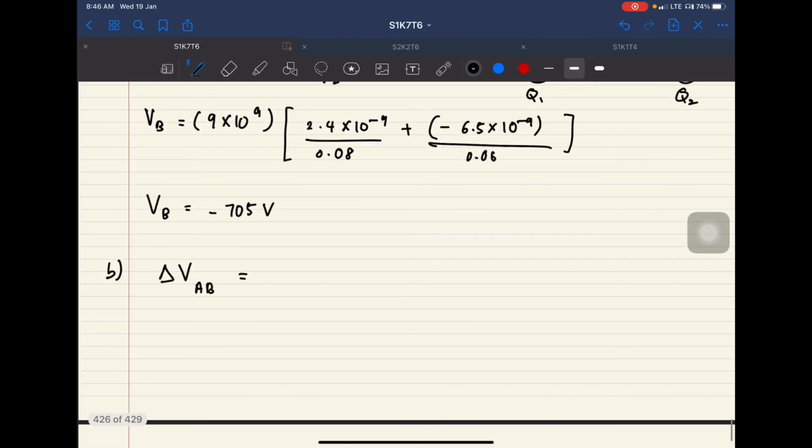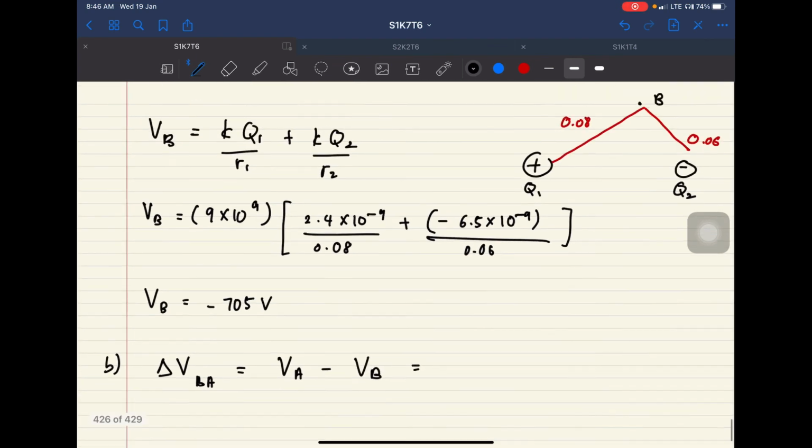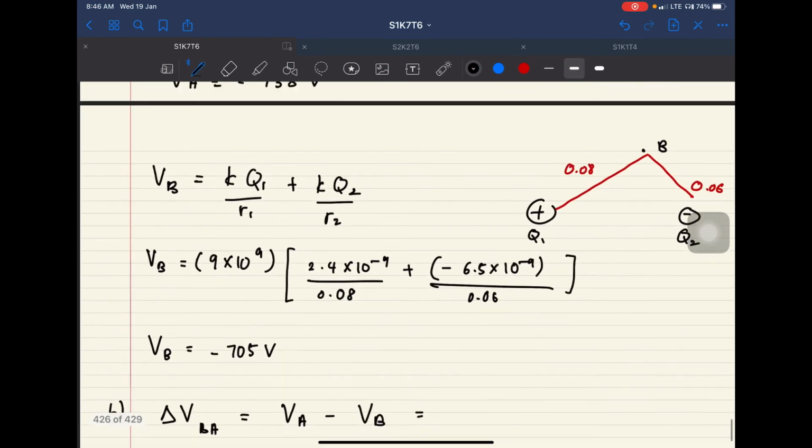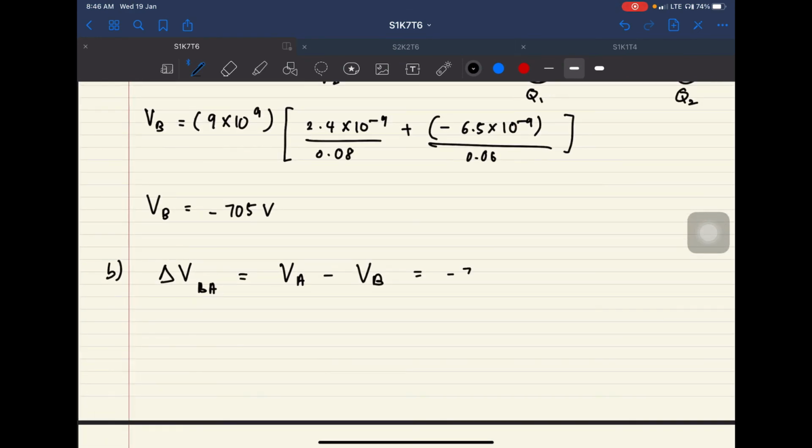So delta VBA, just change this one. So it will be VA minus VB. Okay, don't forget to put the negative. So negative is positive. So the delta VBA that I got here is negative 33 volt.